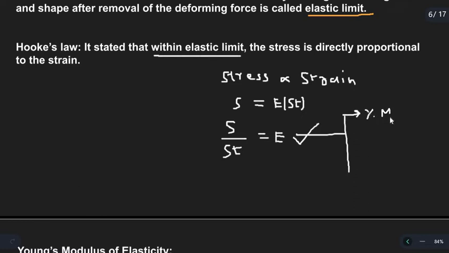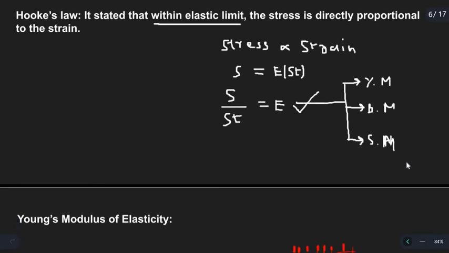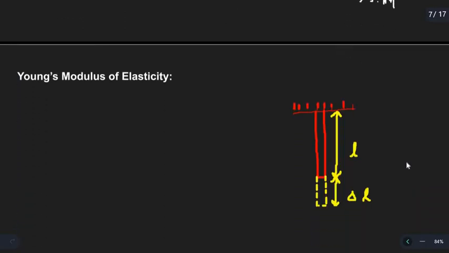Second, the bulk modulus, this is BM. And third, the shear modulus. So these are the three types of moduli of elasticity that we will learn. Okay, let's move to Young's modulus of elasticity.